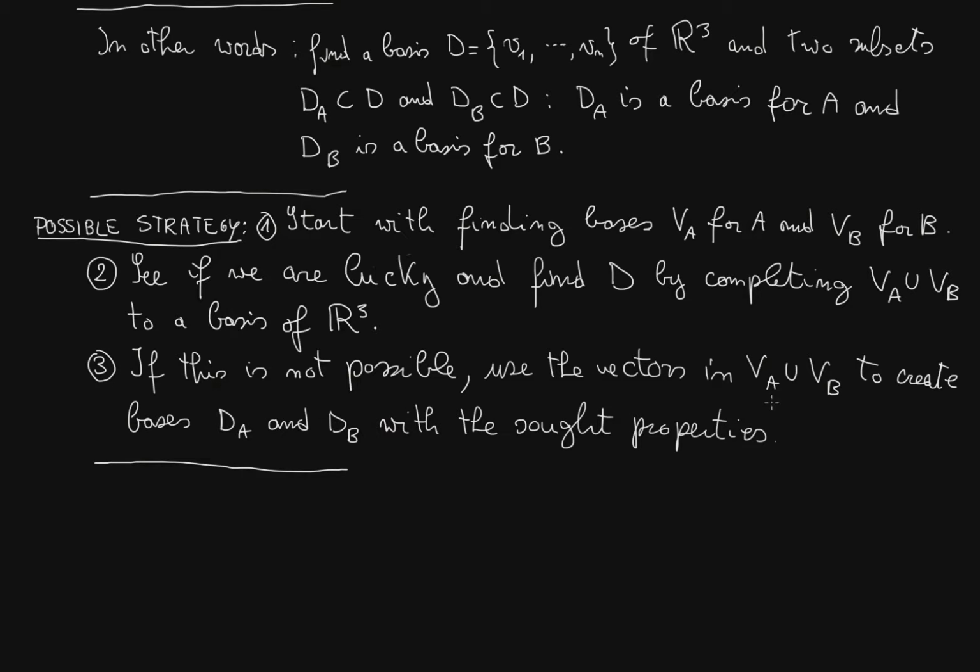So we have to change the bases VA and VB and find new bases dA and dB, which we can extend to a basis of R3. And then inside this basis D we can find dA and dB.